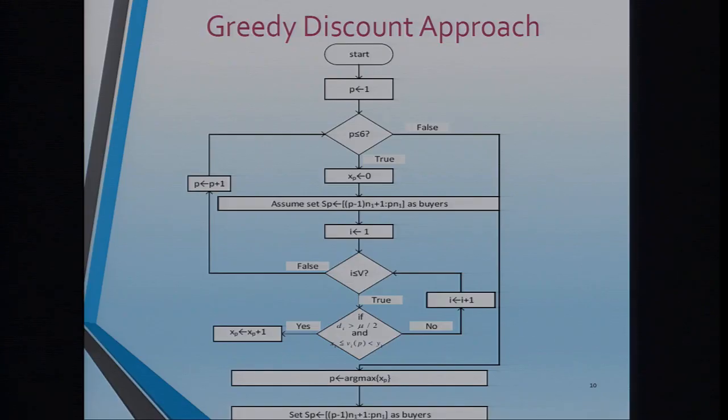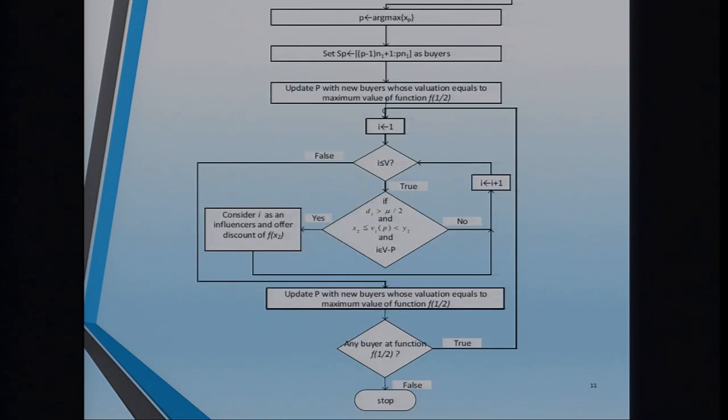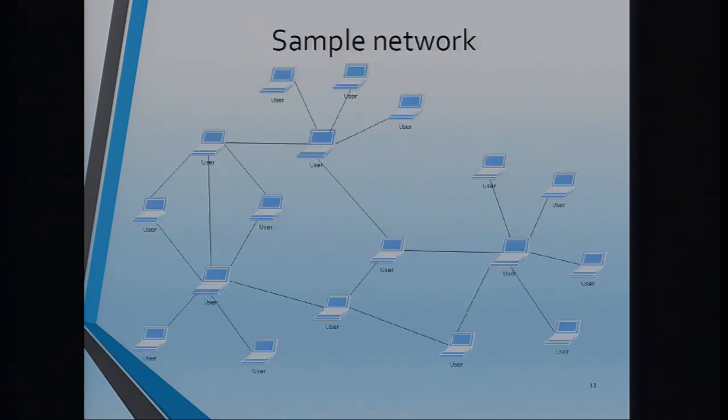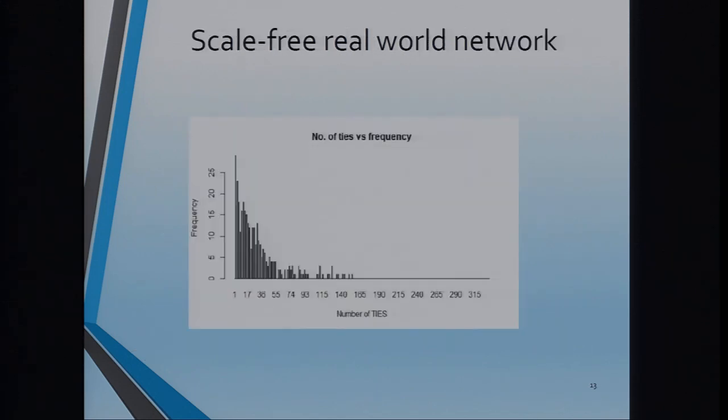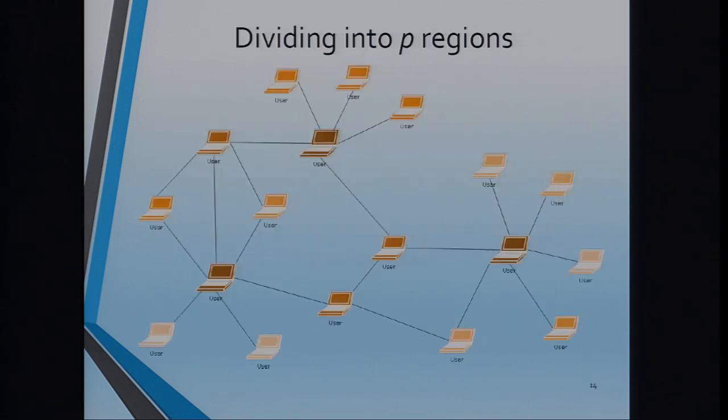So this is the approach, the greedy discount approach. I will go through an example for this. This is the sample network that I have chosen just for explanation. If it is a real world network, first we will sort the nodes in order of degree.